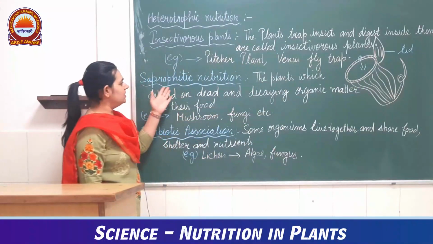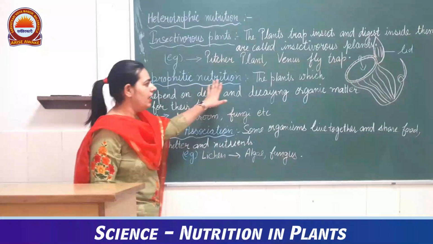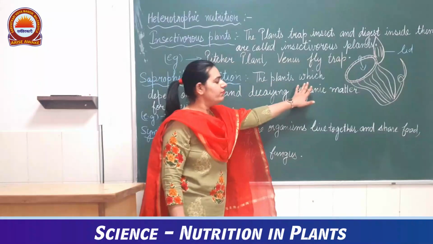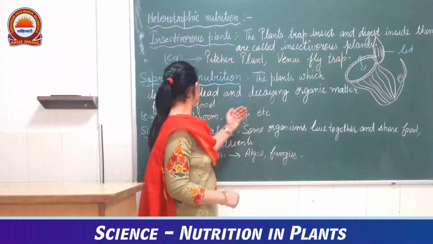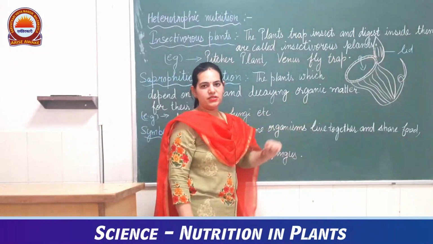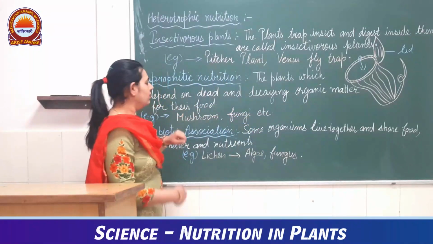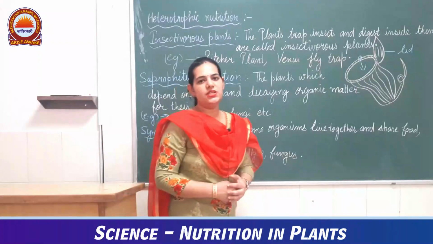So the next is saprophytic nutrition. Saprophytic nutrition means there are some non-green plants which are not able to perform photosynthesis. They depend on dead and decaying organic matter for their food, like mushrooms and fungi. You all have seen mushrooms.